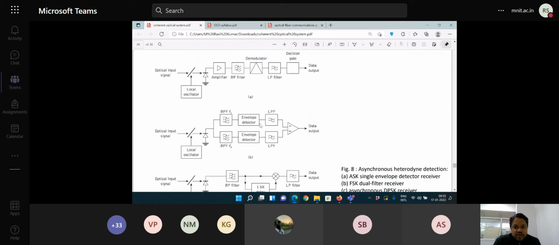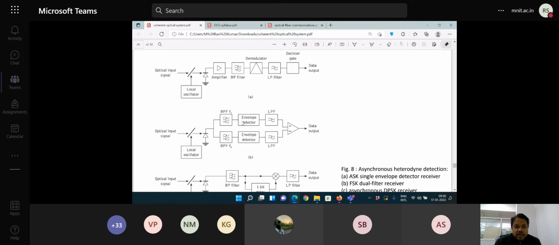And this is an FSK dual filter receiver. So this received signal is split into two parts, and the two different frequencies are captured, or are sent through by the bandpass filters.